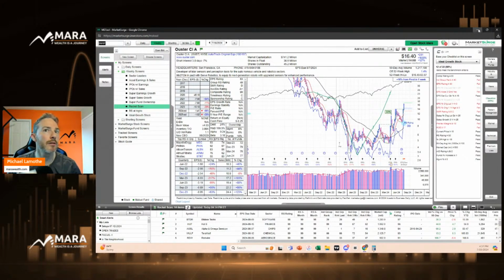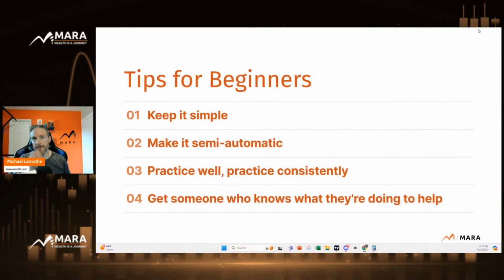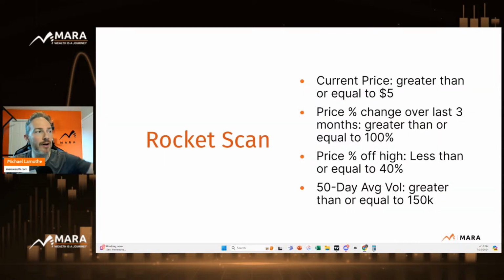So let's talk about some tips. Tip number one, keep it simple. If your screens are too tight, nothing's going to pass. You notice how for each one of the screens that we had, each one of them did not have a whole lot of criteria on it. This one only had four things.